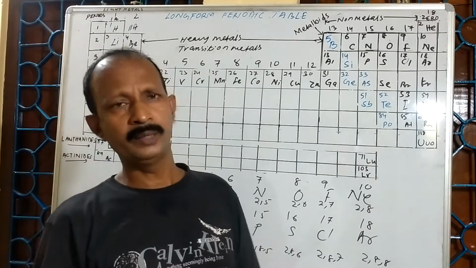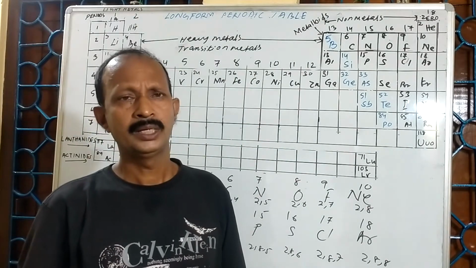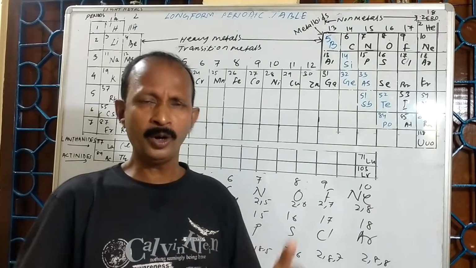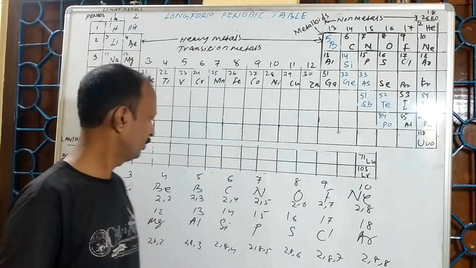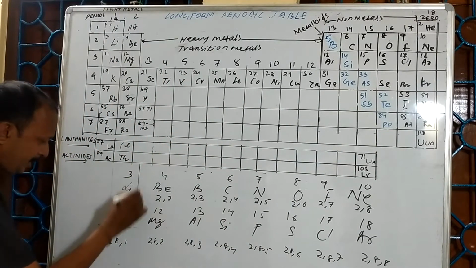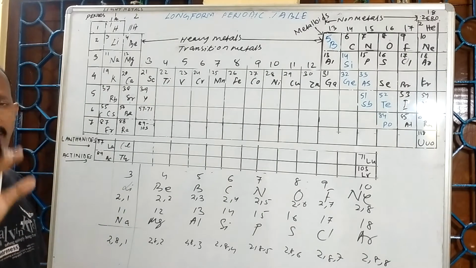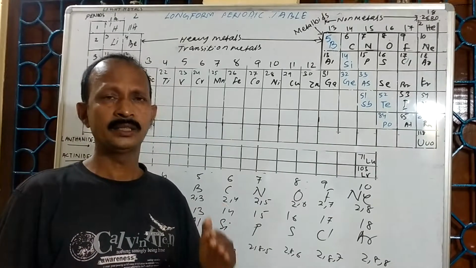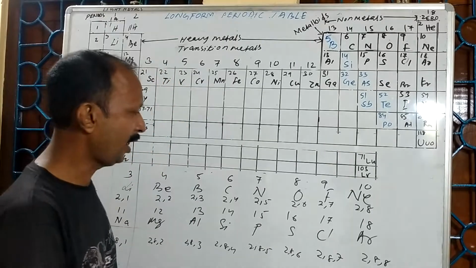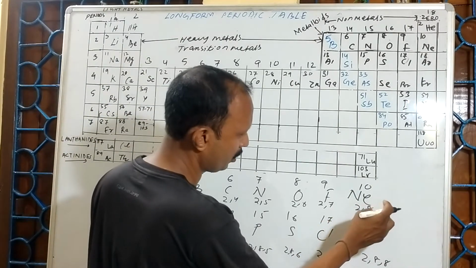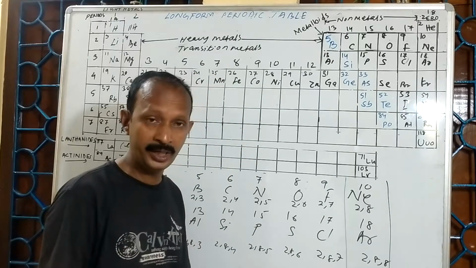So, in the modern periodic table, elements are arranged in such a manner that their properties will be repeated after regular intervals. You see that those present in this vertical column all contain one electron as a valence electron. We know that the properties of an element depend upon the valence electron. Here the outermost orbit electrons are 8, and here also 8, meaning they have similar properties.